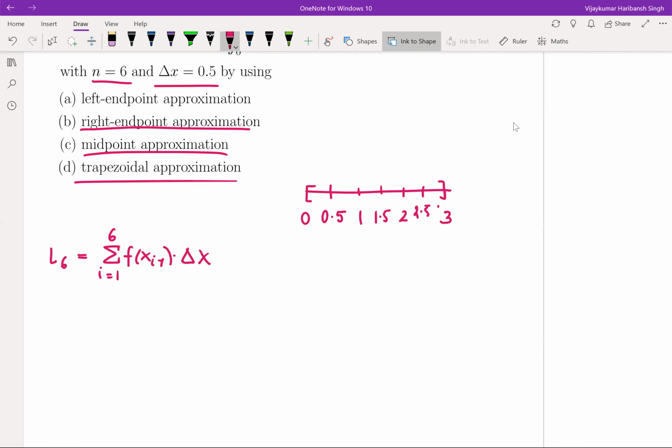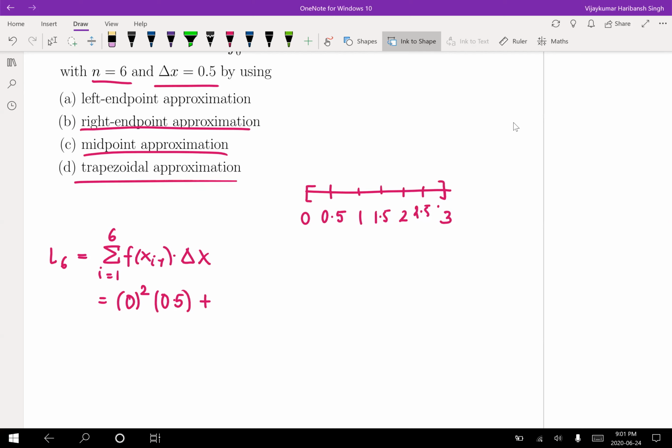So it's going to be 0 squared times 0.5, plus 0.5 squared times 0.5. So these are your delta x's, right? This 0.5 is your delta x.